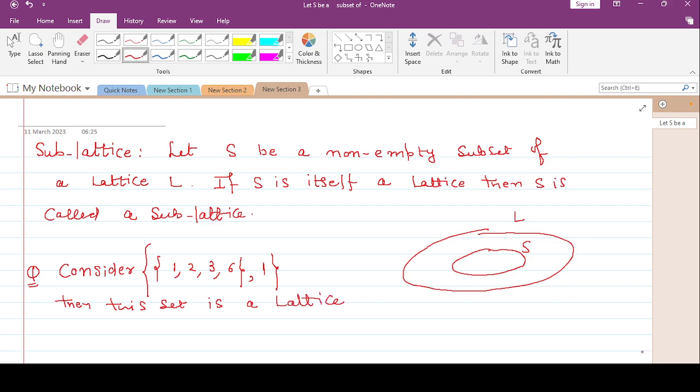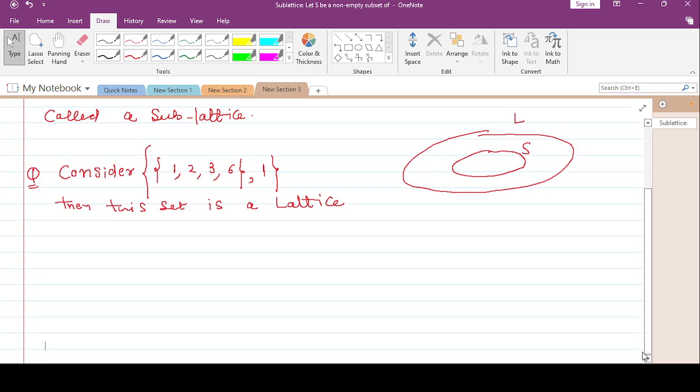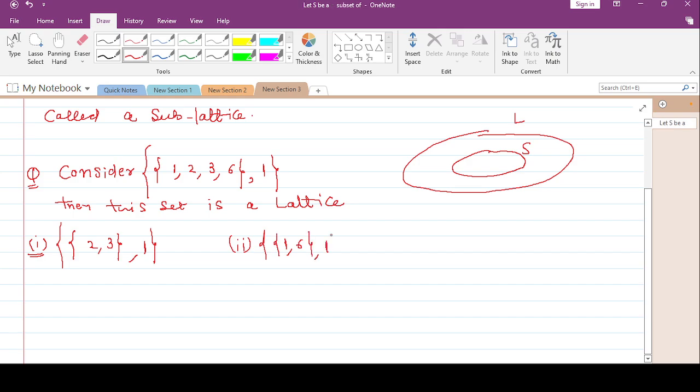Now I take two subsets of this set. Suppose I take the first set as 2 and 3 under divisibility, and I take another set as 1 and 6 under divisibility.